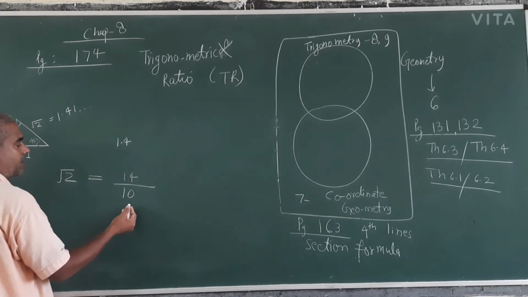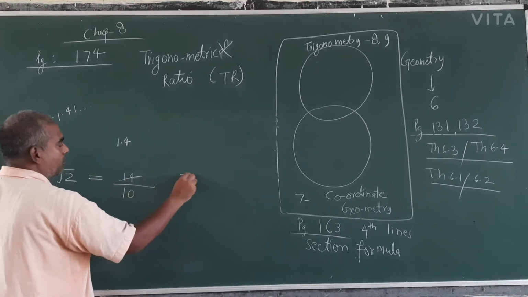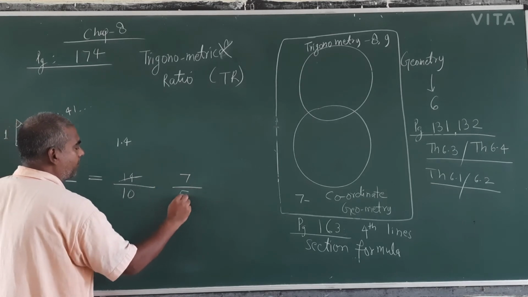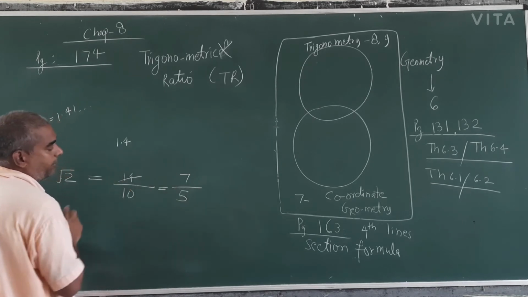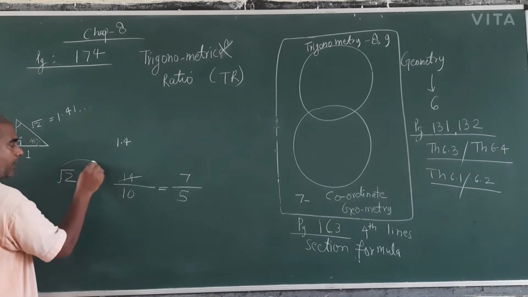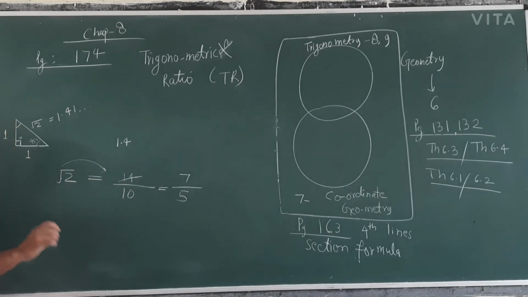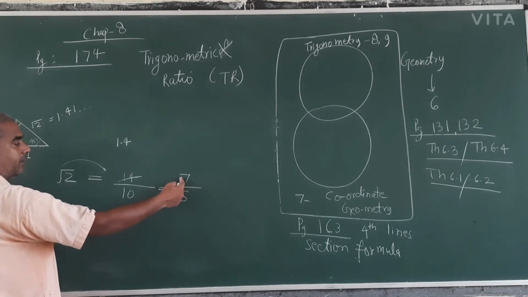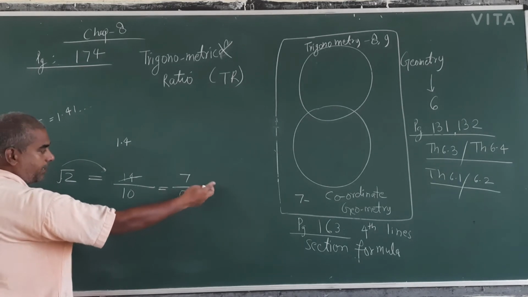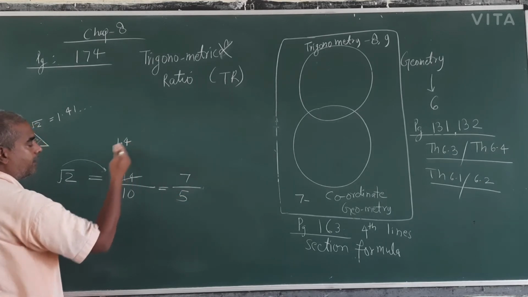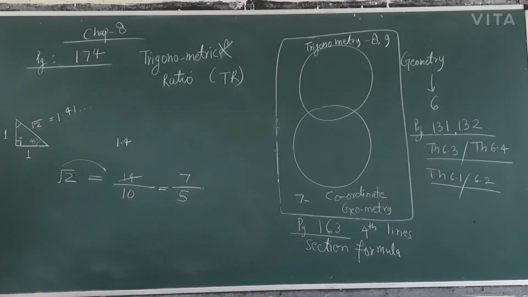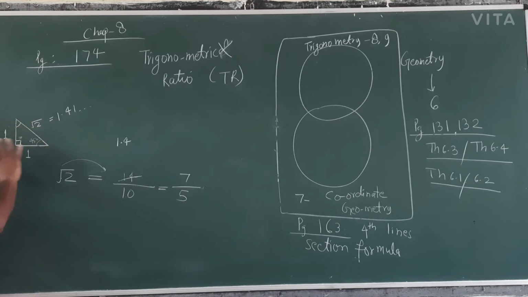So 14 upon 10, and after that you can write 7 upon 5. So he tried to write under root 2 in terms of something upon something, and he was unable to write it. When he divided 7 by 5 it terminated, but this is not terminating. So that was the story of root 2.